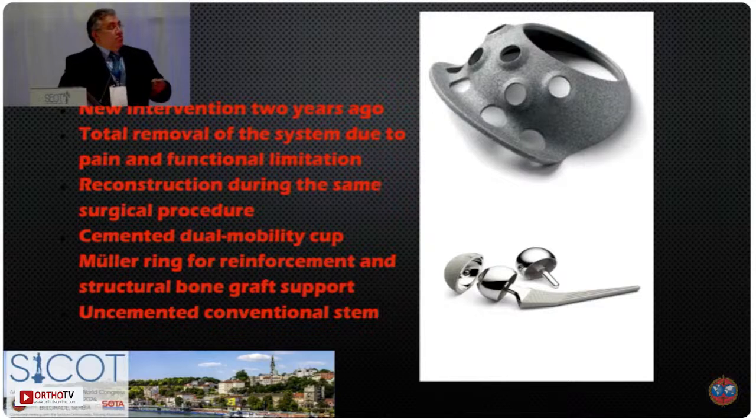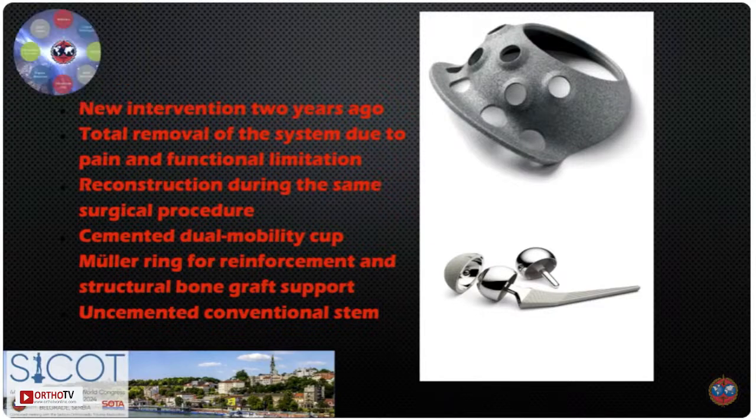Then an intervention 2 years ago, total removal of the system due to pain and functional limitation, reconstruction during the same surgical procedure, cemented dual mobility cup, Mueller ring for reinforcement, and structural bone graft support, uncemented conventional stem.